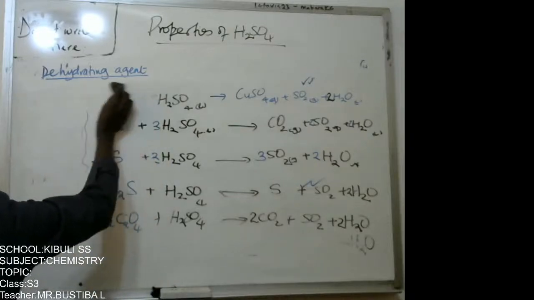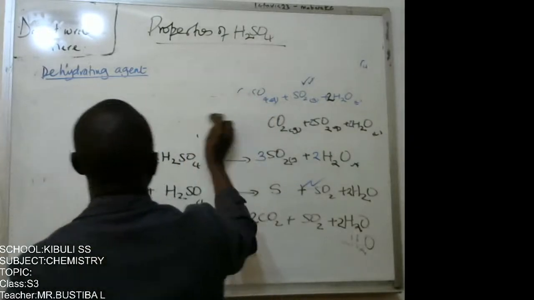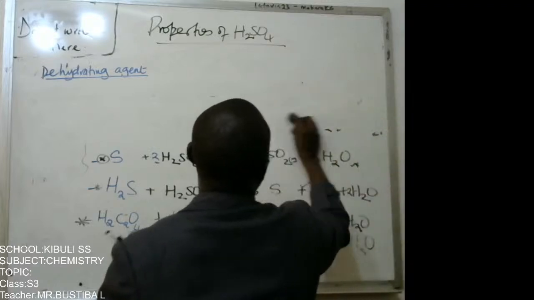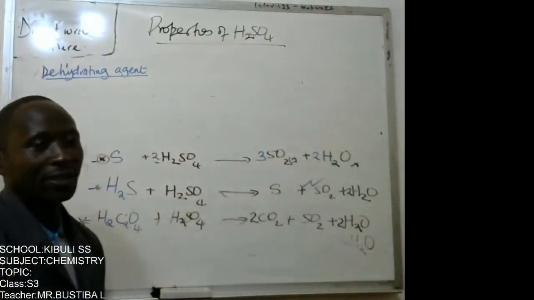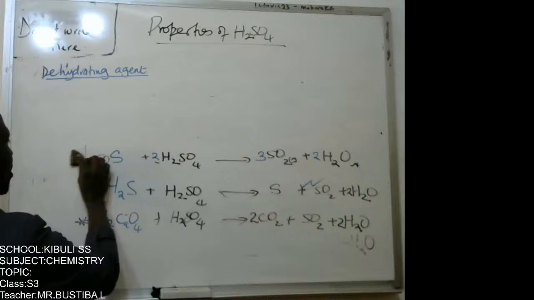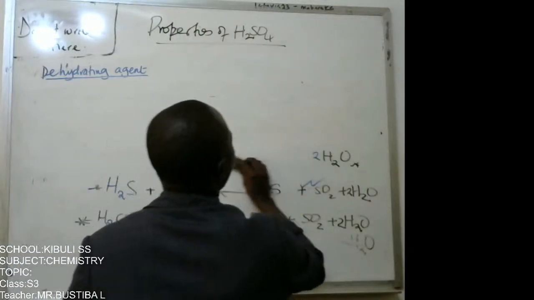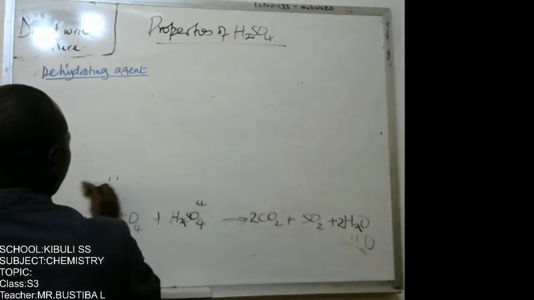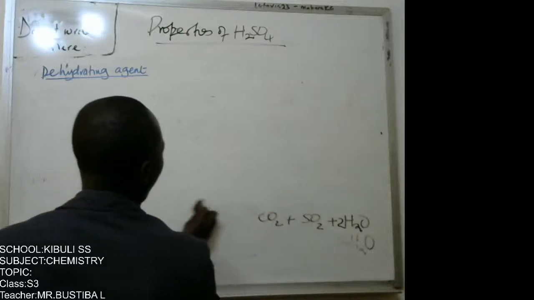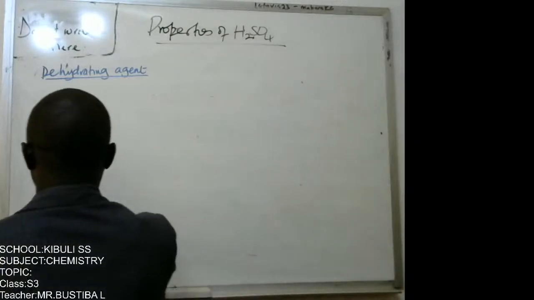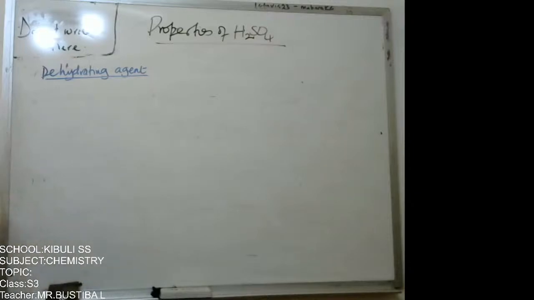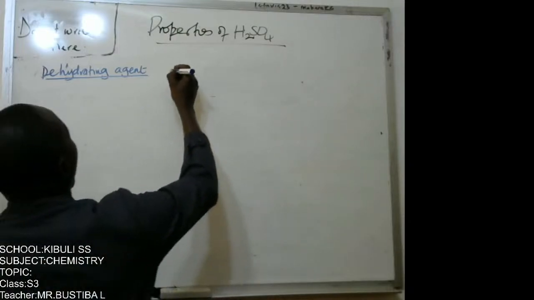The word dehydrate, to dehydrate, what does it mean? To remove water. So sulfuric acid can remove water. This explains why I use it as a drying agent. Why is it a drying agent? It removes water.